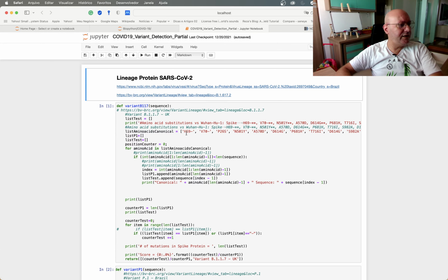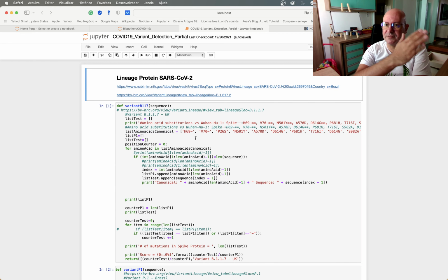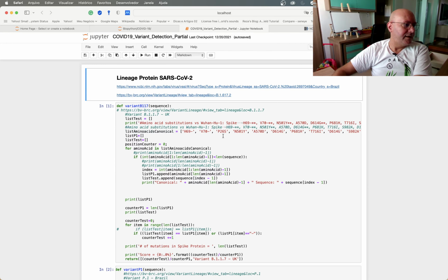So if you see H69 and the minus sign, it means to me that the original H in the protein was deleted by the variant. So nothing is placed in position 69 of that protein in the FASTA file, right? Likewise, what we have here is P in position 26 being replaced by an S, right? And so on.